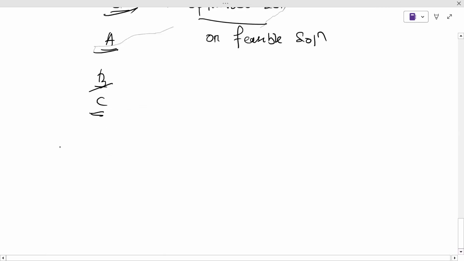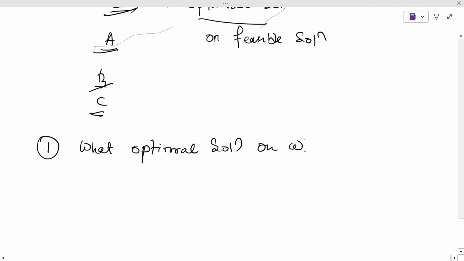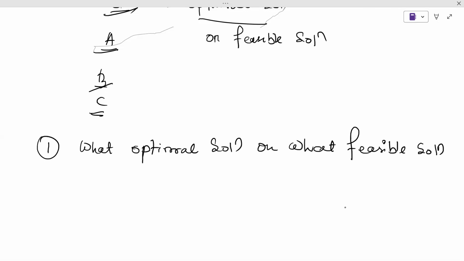So just remember everyone, the question arises here: what is an optimal solution, or what is a feasible solution? Just remember, for a feasible solution, any point in the feasible region gives the optimal value of the objective function. It's called the optimal solution.